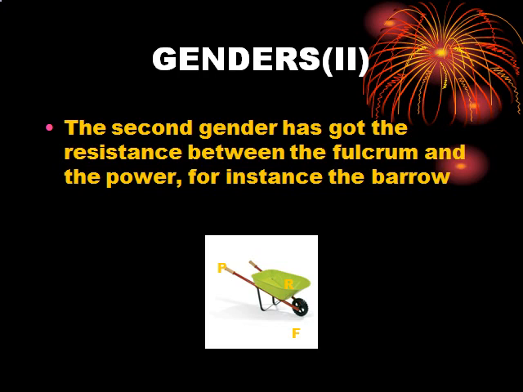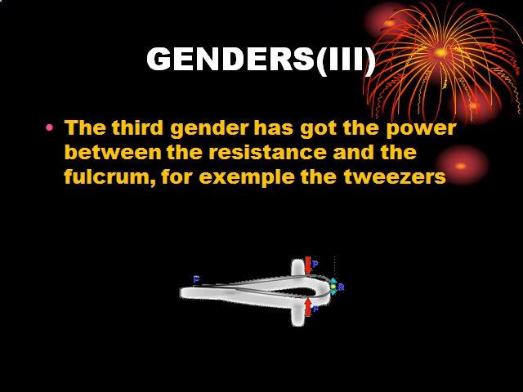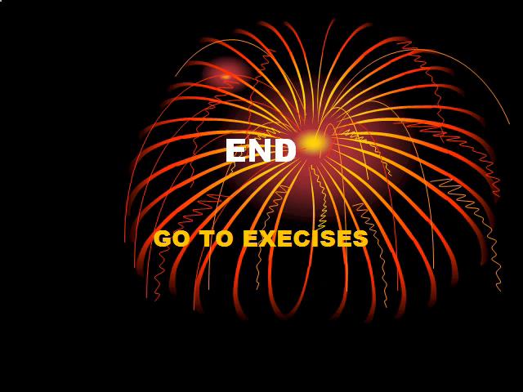The second gender has the resistance between the power and the fulcrum, and one of the examples is the barrow. And finally, the third gender has the power between the resistance and the fulcrum. One of the most important examples could be the tongs, or scissors. And that is all that our students have to know about the levers.